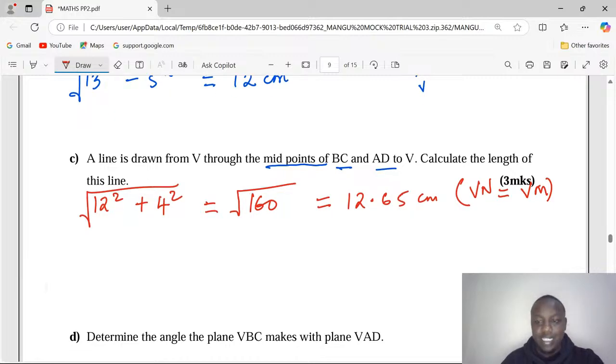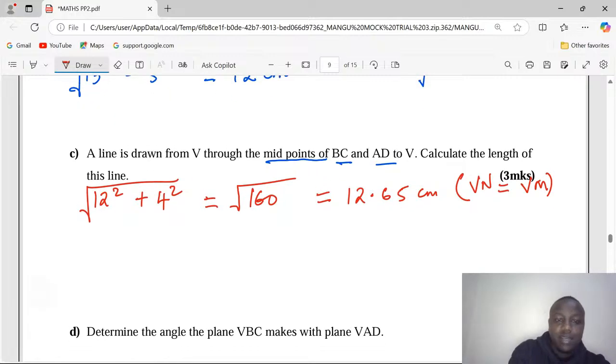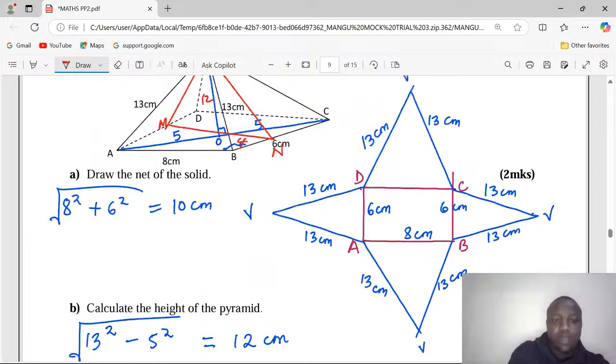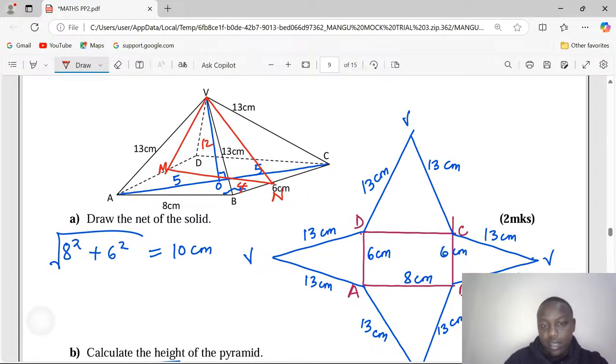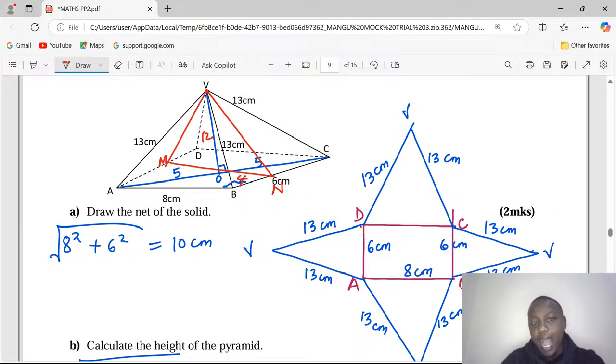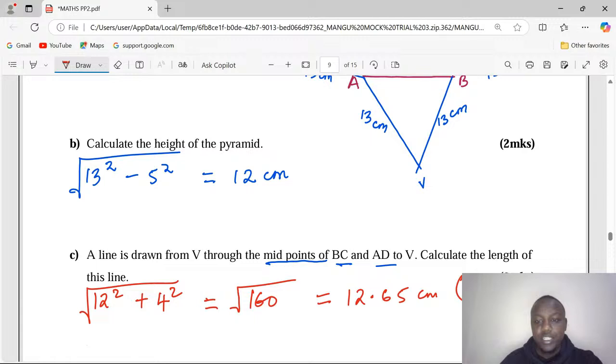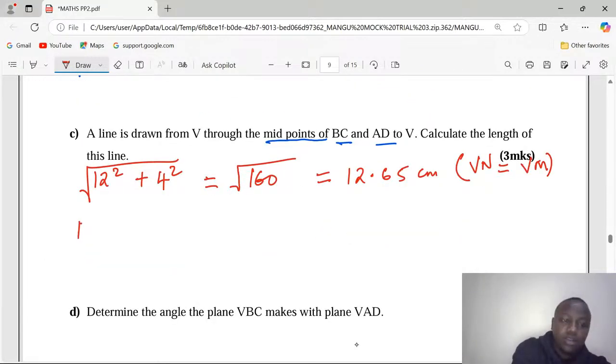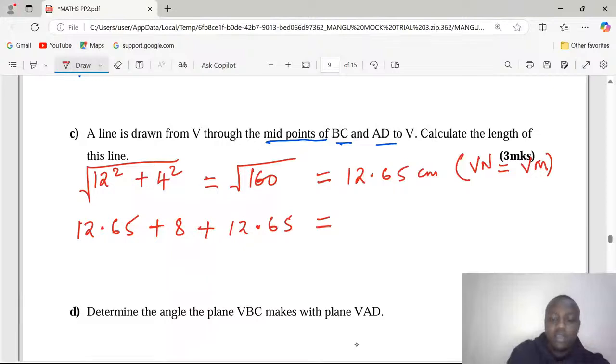So from V down to N, then across to M and up to V, it will be 12.65, we add the 8 centimeters, then we also add again 12.65.